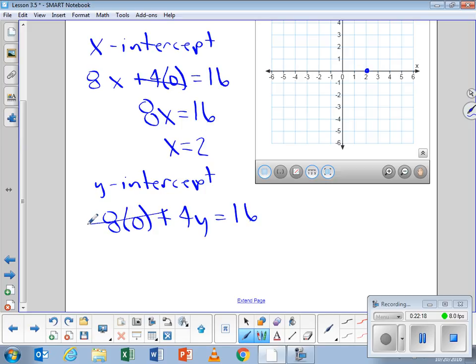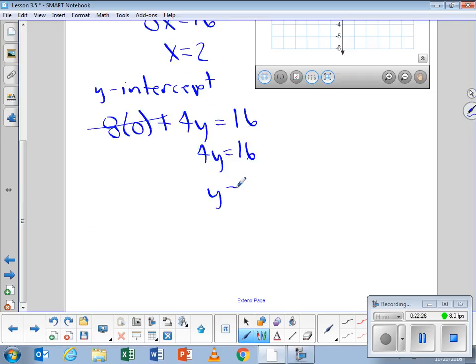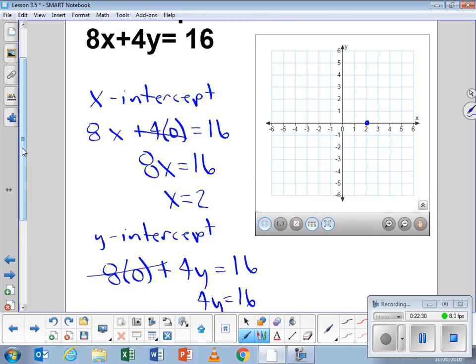And 8 times 0 cancels, leaving me with 4y equals 16. So y equals 4. So then I can draw my line through my dots. Okay?